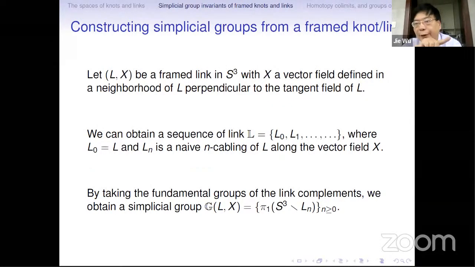Once you have a normal vector, say the knot goes this way, the frame goes that direction, right? Along the frame, you can take a parallel one. So you start with a knot or link, call it L0, and then you try to double it, just parallel. That's why we need to make a choice of frame, because we just make a parallel copy.